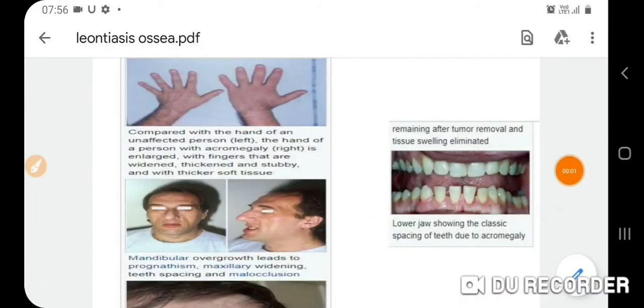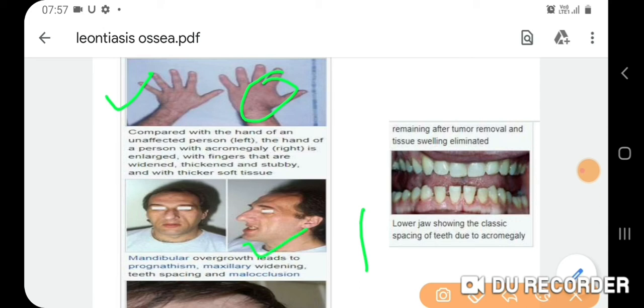We can compare the unaffected side of the person's hand with the affected side, which has enlarged fingers that are widened, thickened and stubby, with thicker soft tissue. In another picture we can see that mandibular overgrowth leads to prognathism.